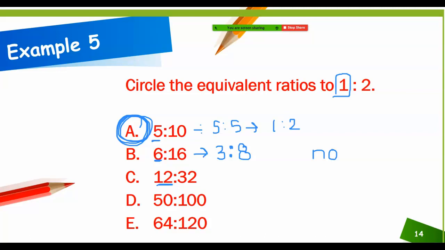So if you took 12 and you divide it by 12, that would give you 1. But if you take 32 divided by 12, that's a little messier, right? Is 32 going to divide by 12 to be the number 2? No, it becomes like 2.6 repeating.